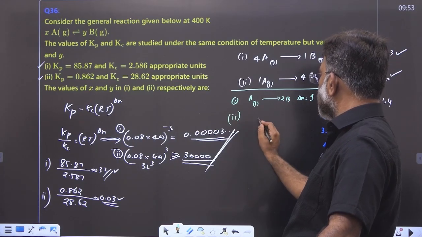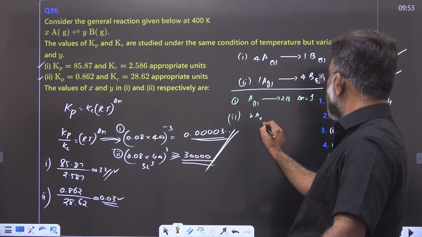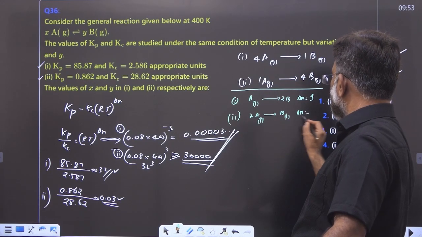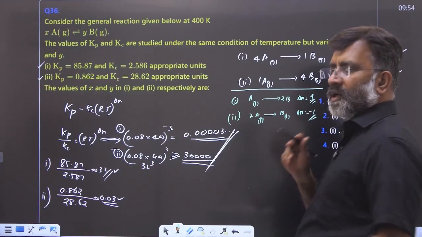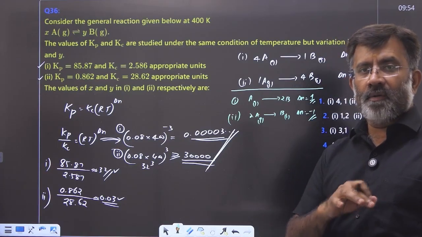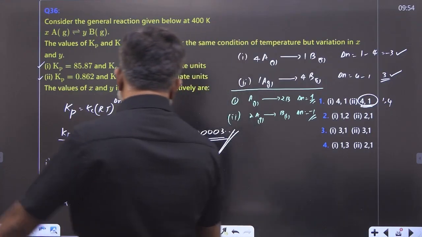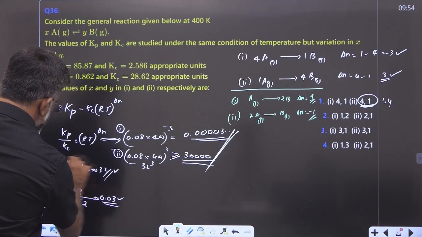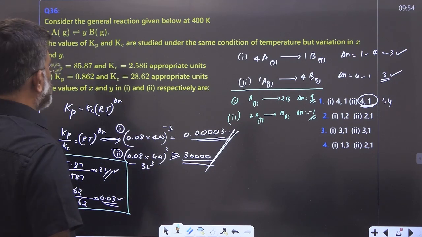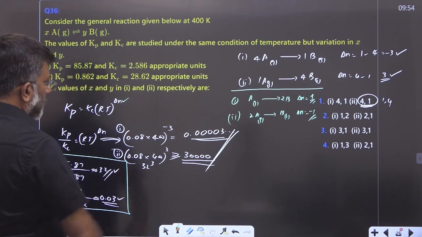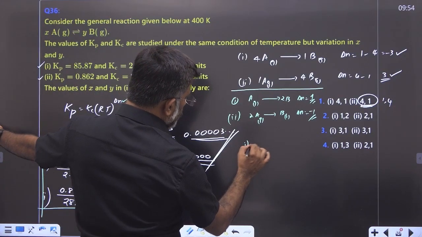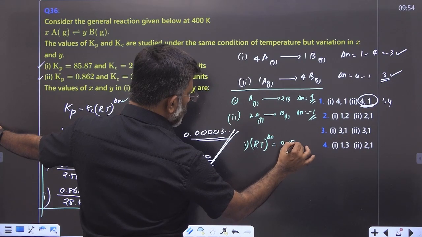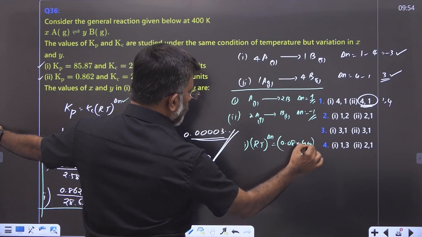And in the second case, 2A giving B, therefore delta n equals 1 minus 2, which is -1. So here it will be 1 and -1, right? What will be the scenario for delta n? See, this is fixed, and we need not cross-check this. The value that changes is delta n. So I am taking delta n for the first case, RT power delta n. That will be 0.08 into 400 power 1.